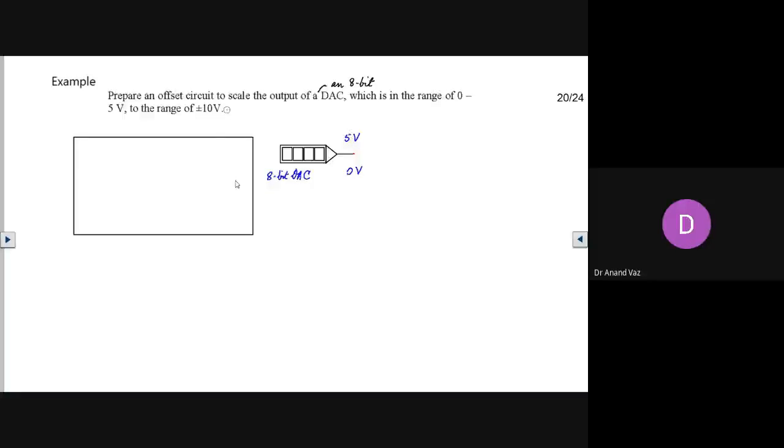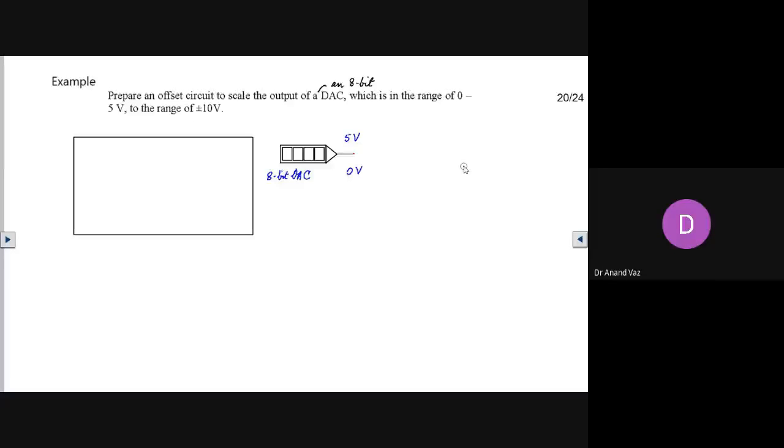But this DAC can produce voltage only between 0 and 5 volts. So now you have to map the range from 0 to 5 volts to plus minus 10 volts. Okay. Naturally, we are going to use the operational amplifier for this purpose.